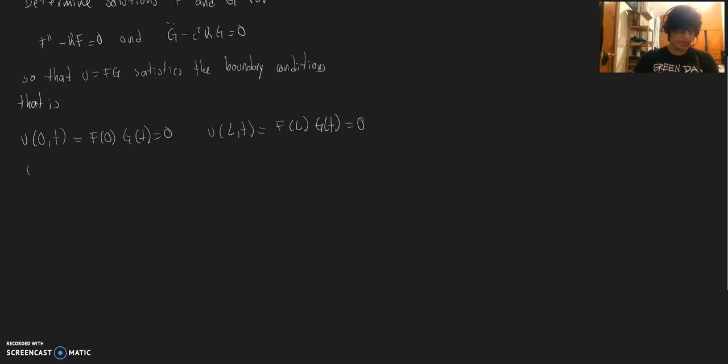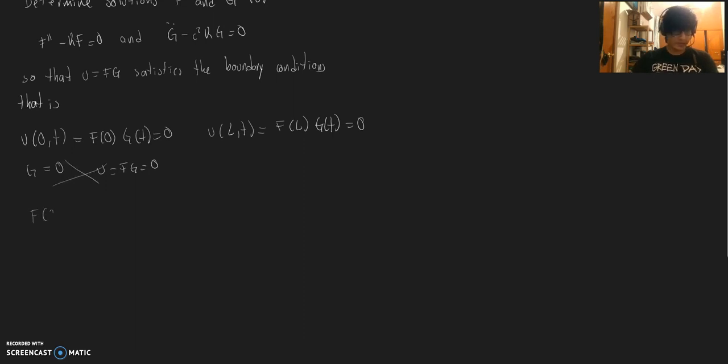This equality can be solved if g is always equal to 0. However, this doesn't help because u equals f times g would be equal to 0, and it's of no interest because it tells us that the string will present no fluctuation. So that will not work for us.